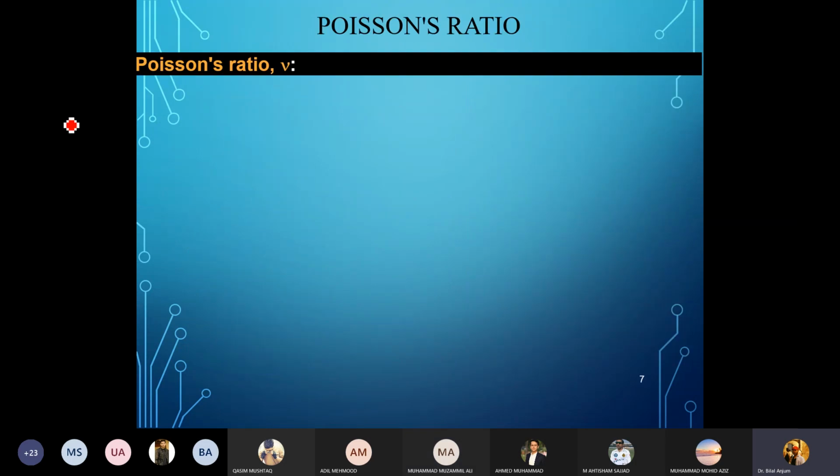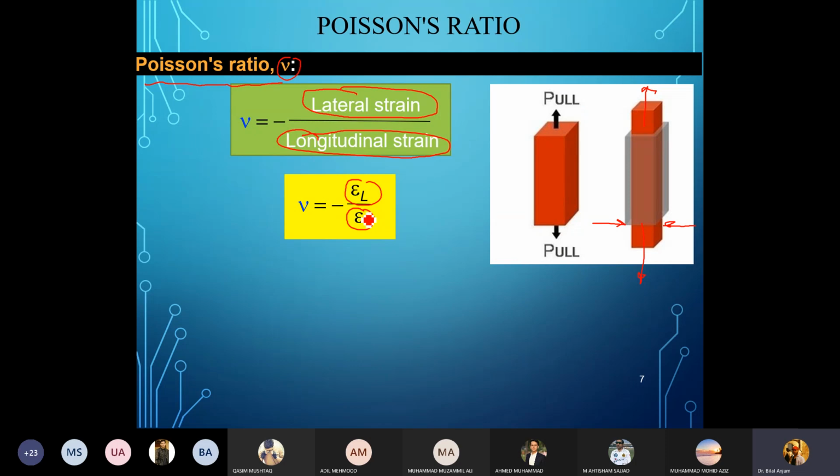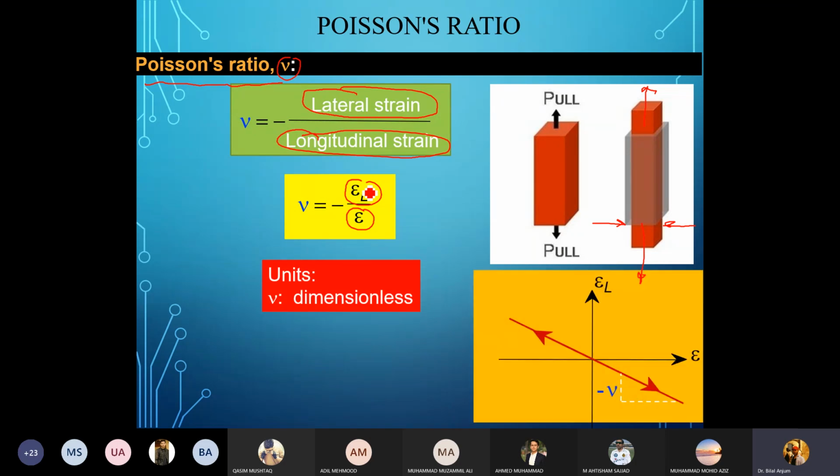And there is a term used with these materials, which is Poisson's ratio, or v. How do you define Poisson's ratio? It is the lateral strain divided by the longitudinal strain. That means for how much increase in the longitudinal direction, how much decrease has taken place in the lateral direction. It is a dimensionless quantity because you have a ratio of strains.